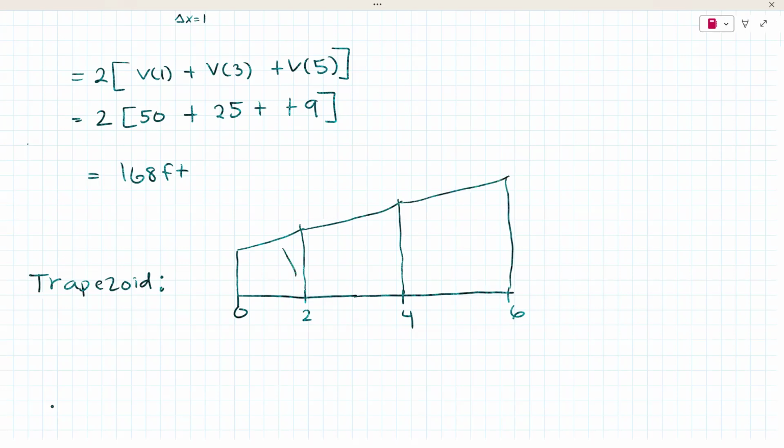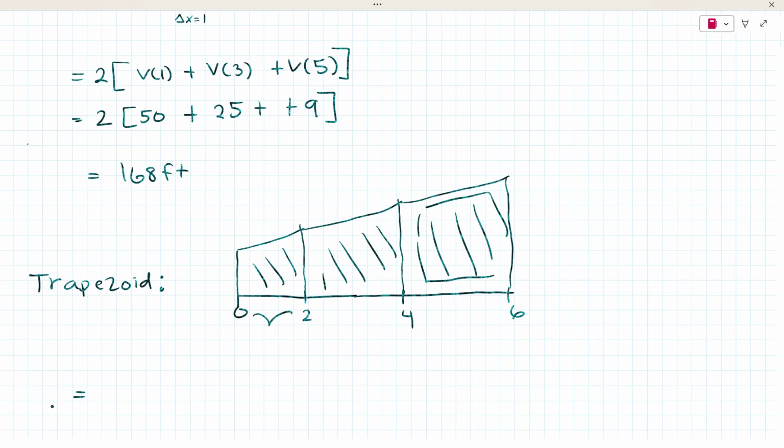Okay, so we're going to find this trapezoid, and this trapezoid. The distance from 0 to 2 is 2, from 2 to 4 is 2, and from 4 to 6 is also 2. So our delta x is constant too, so we can factor it out.